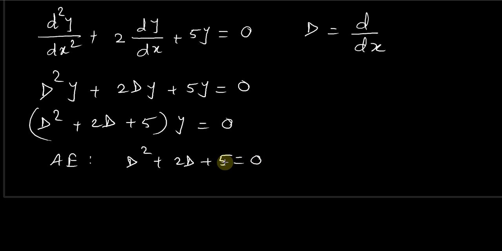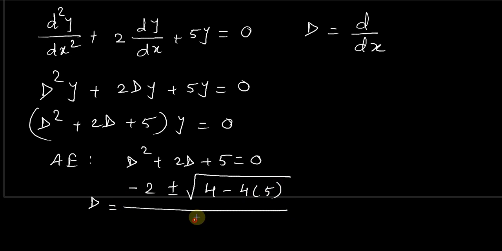Now we cannot find factors of 5 such that the addition is 2. So we have to use the rule minus b plus minus square root of b square minus 4ac divided by 2a, the rule for ax square plus bx plus c is equal to 0.